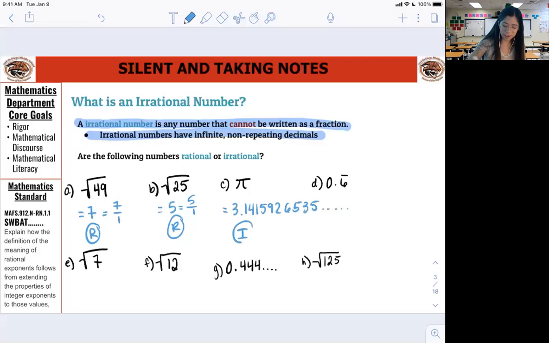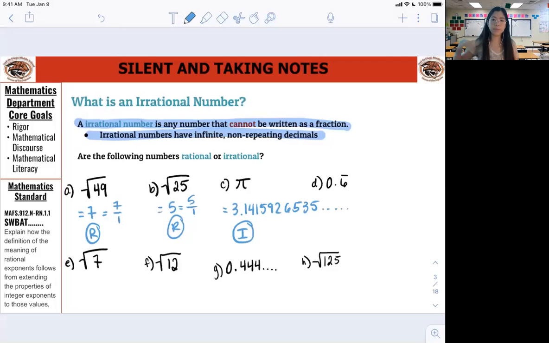And yes, I did memorize that. So there is no pattern. It does not repeat. However, it is infinite. And so if you read the bullet point one more time, the bullet point says irrational numbers have infinite, non-repeating decimals. And pi fits that category. It is infinite and it does not have a pattern.